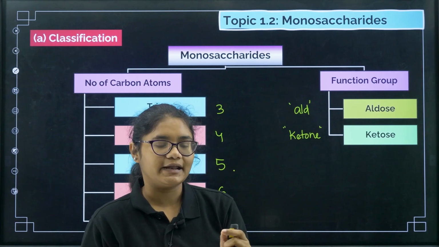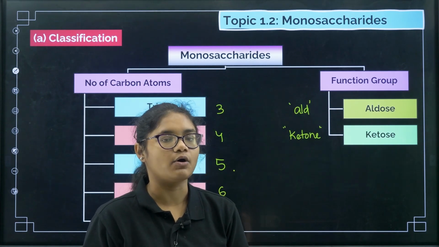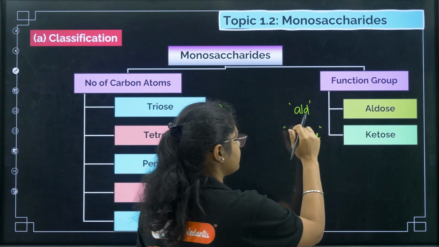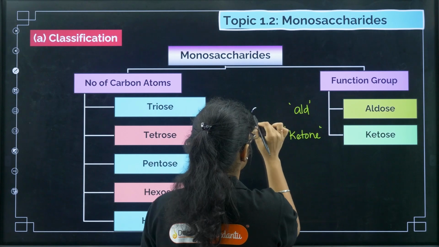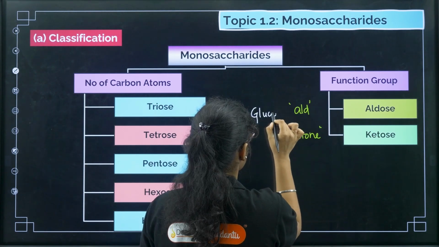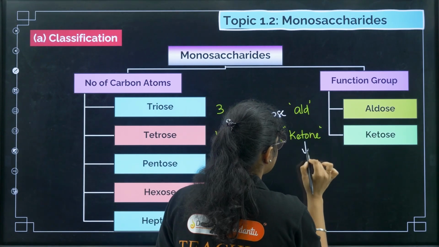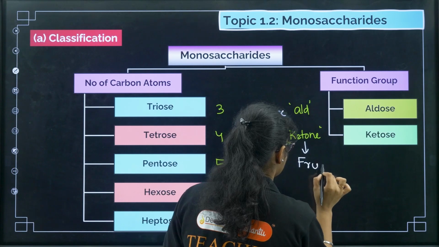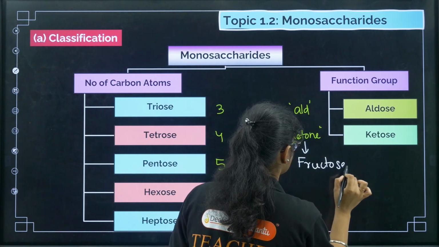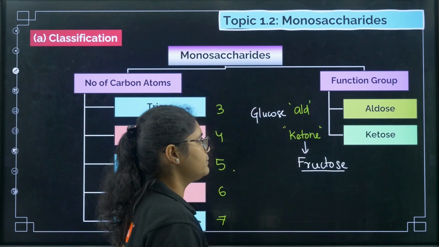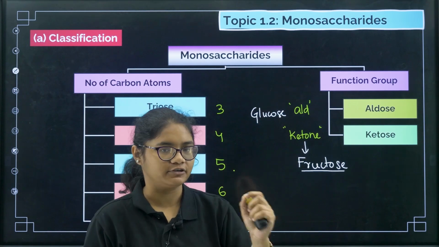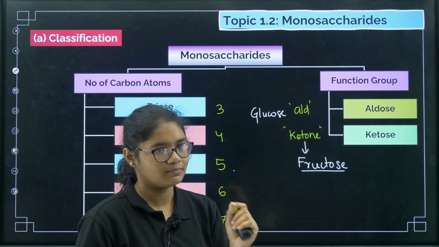If the monosaccharide has ketone functional group, then we call it ketose. Now what is the example of aldose? Here the example is glucose, and here the example is fructose. So fructose has ketone functional group and glucose has aldehyde functional group. We'll study about both of them in detail.